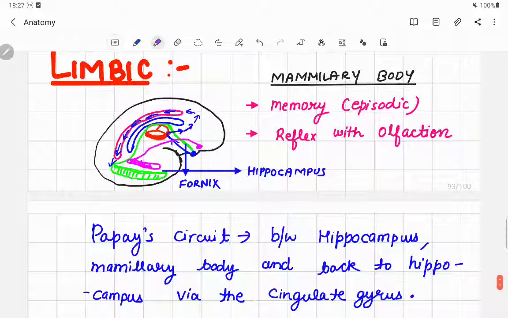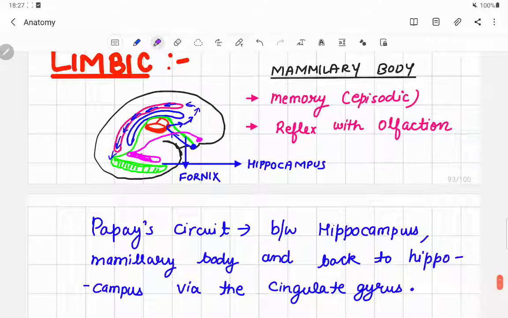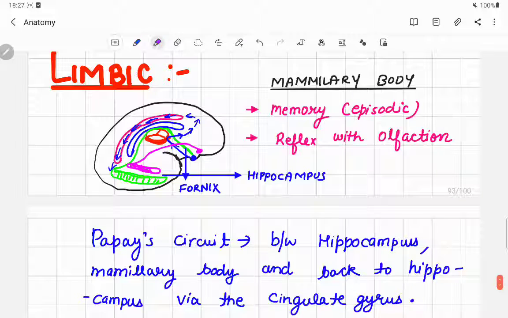As you already know, the limbic system consists of the hippocampus and the amygdala. The hypothalamus has specific connections with both of these structures. First, let us see what the mammillary body does, and then we'll see how it plays an important role in maintaining a connection between the hypothalamus and the hippocampus, which is part of the limbic system.